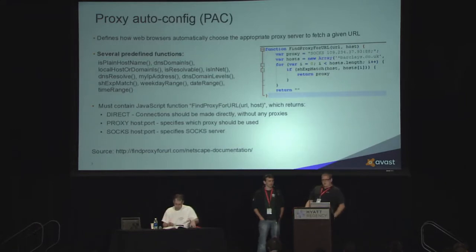It must contain the JavaScript function FindProxyForURL with two parameters, url and host, which can return three different values. DIRECT, meaning the connection should be made directly without any proxies. PROXY, which must contain host and port, specifying which proxy should be used. Or SOCKS, which also has host and port and specifies which SOCKS server will be used to fetch the given URL.